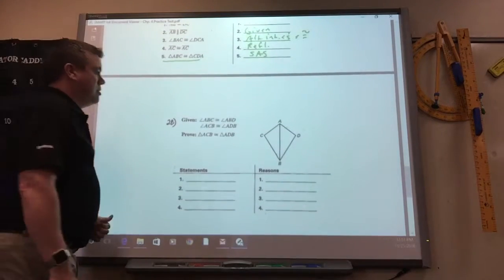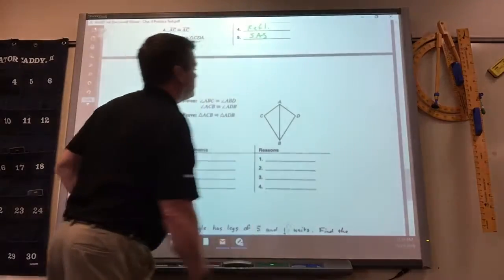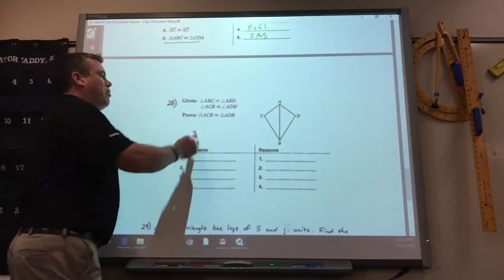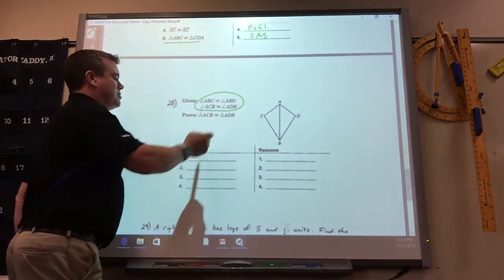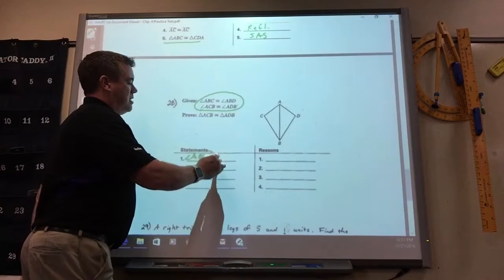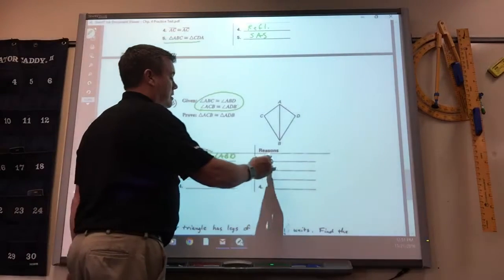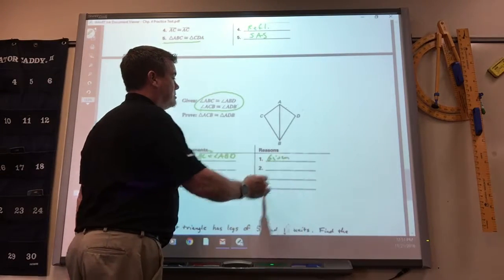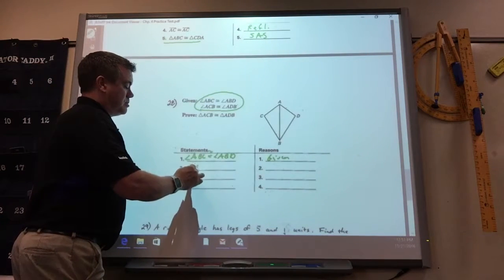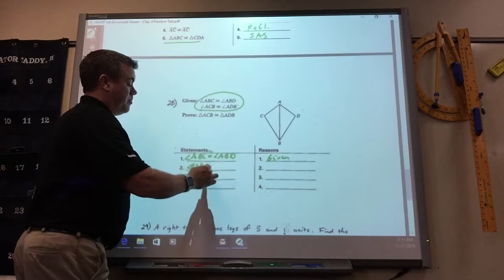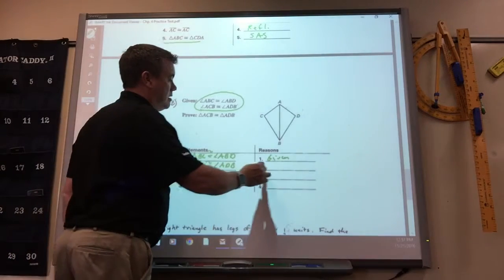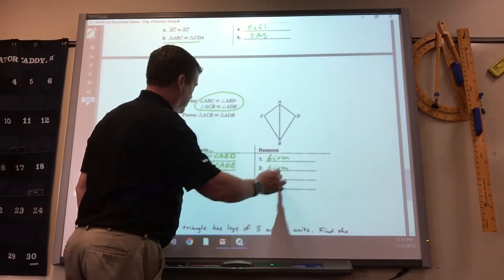So here, there we got to fill in everything. Remember, start with the givens. Angle ABC is congruent to angle ABD, given. Angle ACB congruent to angle ADB, given.